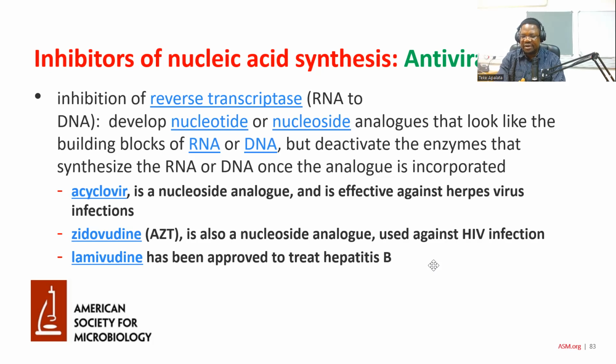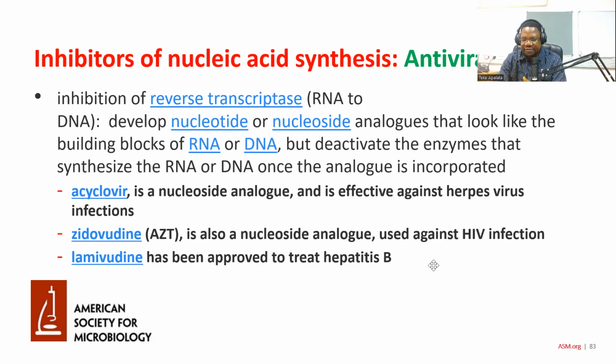But then you have an enzyme called the reverse transcriptase that turns our RNA back into a DNA. Those drugs are nucleotide or nucleoside analogs that look like the building blocks of RNA or DNA, but then deactivate the enzyme that synthesizes the RNA or DNA once the analog is incorporated.